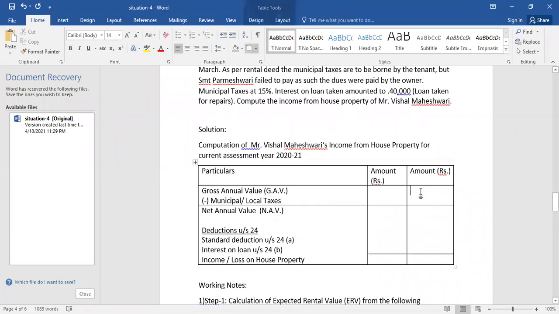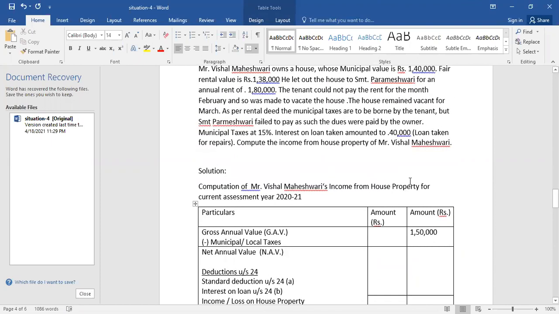Okay. So now GAV is 1,50,000, and how much is the municipal tax? Municipal tax is 15%. But as per the rental deed, municipal taxes are to be borne by the tenant. But the tenant failed to pay those dues, hence the municipal tax of 15% was paid by the owner. Now, as the owner paid, should we deduct the municipal taxes or not?